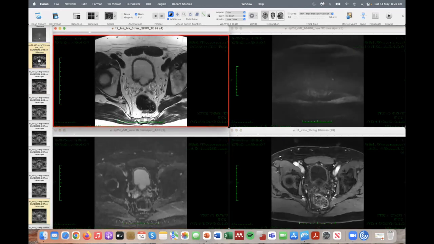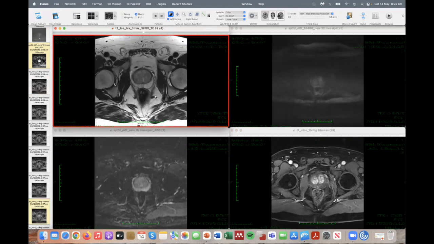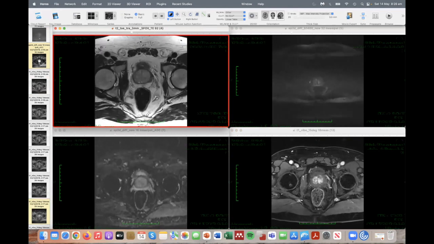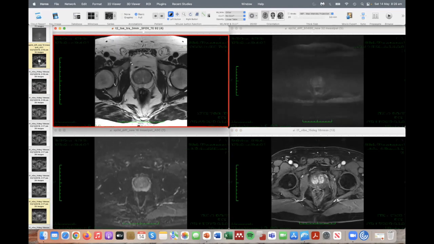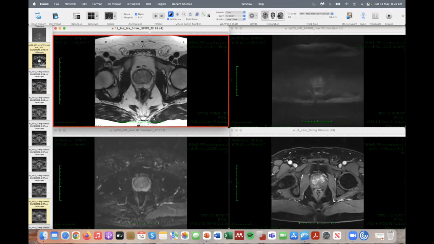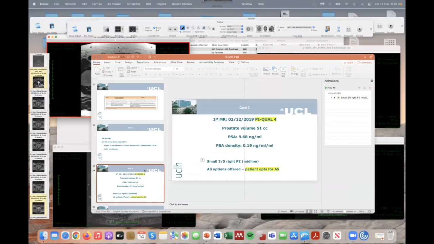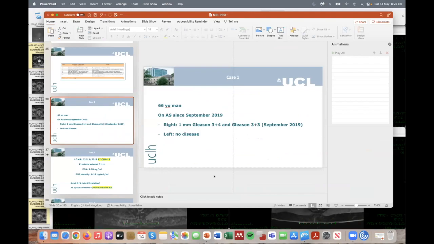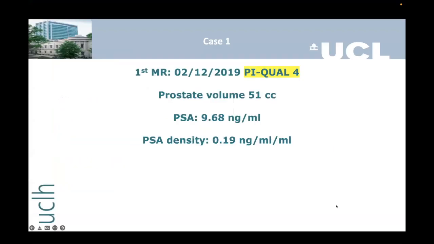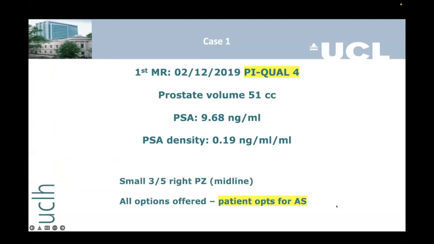And in terms of quality, you can see that the quality of the scan is good. It's a PI-QUAL score of 4. There are only some minor artifacts here, but the quality of the scan is good. So the original report said there is a 3 out of 5 in the right PZ at midline.